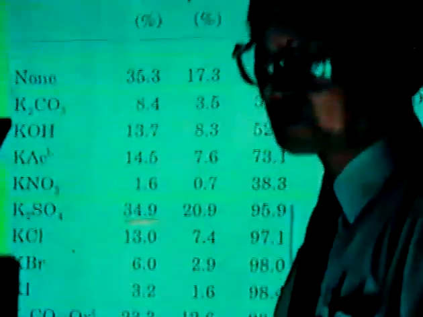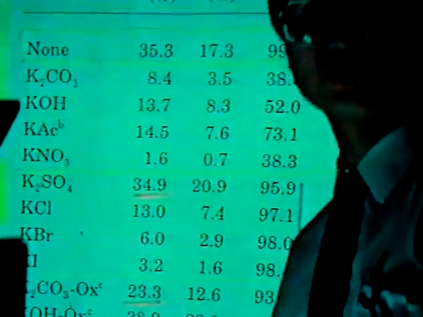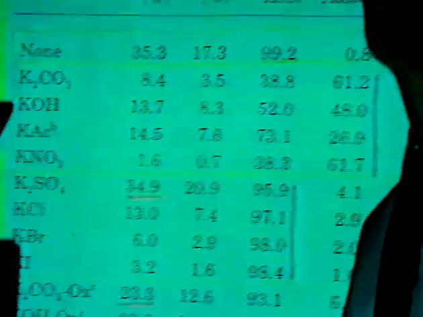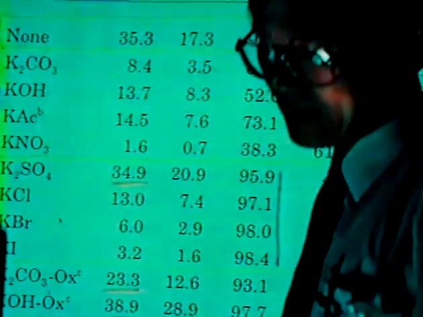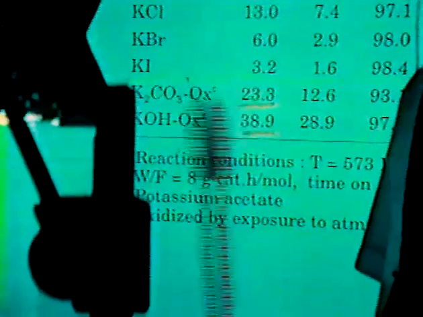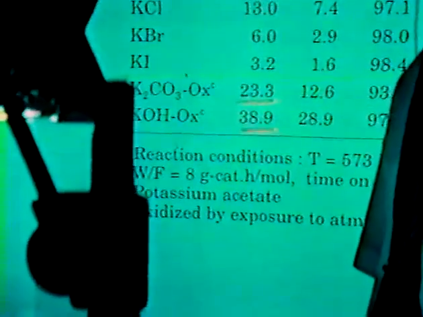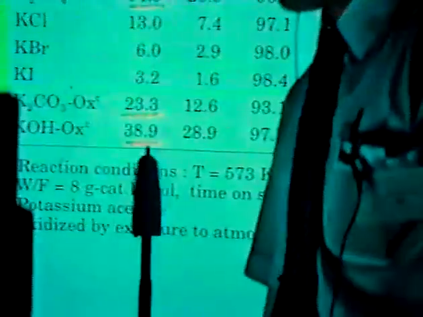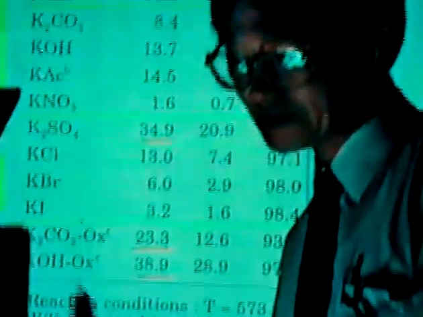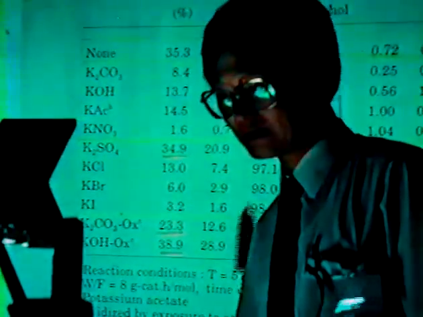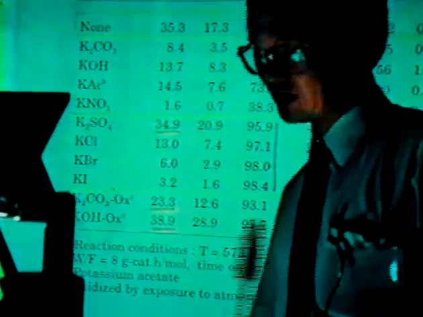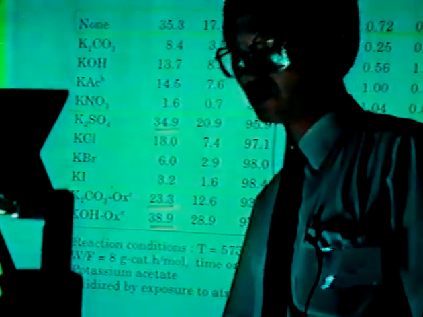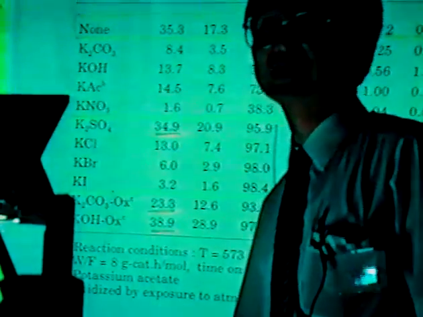But the product distribution is not the same as the unpromoted molybdenum sulfide, because we are now producing high molecular weight hydrocarbons, as reflected here. Now, if you expose the catalysts, the carbonate and hydroxide, to the atmosphere, you see a substantial increase in CO conversion, and the catalyst turns from an alcohol selective catalyst to a hydrocarbon selective catalyst with extended chain length.